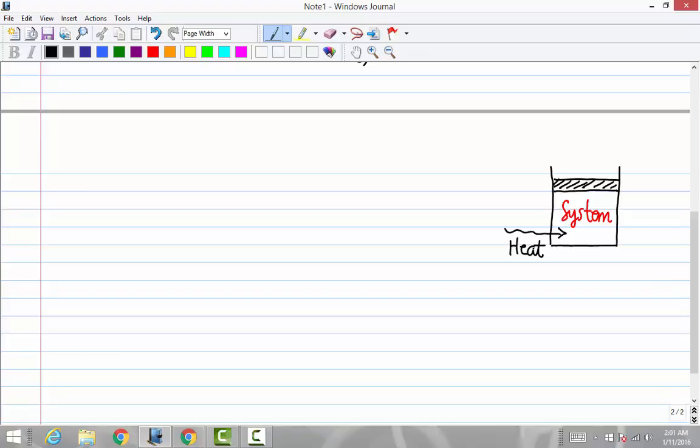We need to know exactly what the properties of the water are at these states. So we need to identify the process states. At the beginning, we call that point 1, which is our initial state.